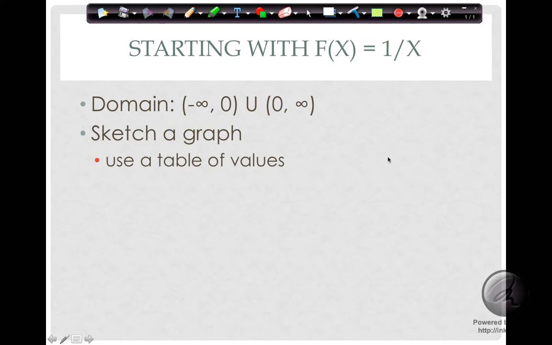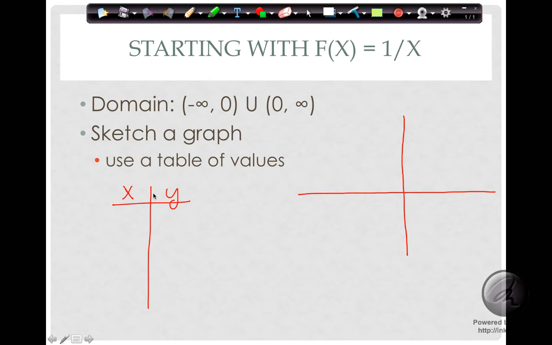And what we're going to do is sketch this graph just to get an idea of what these types of functions do. We're just going to start by using a table. If I started with the positive values, let's start at positive 10. If x is 10, this becomes 1 over 10, which is 0.1. If x is 5, then I get 1 over 5, which is 0.2.